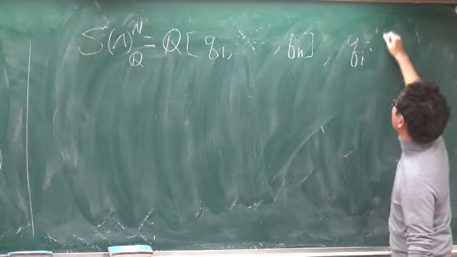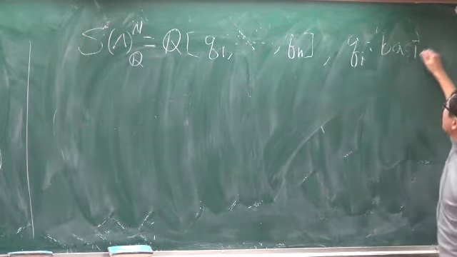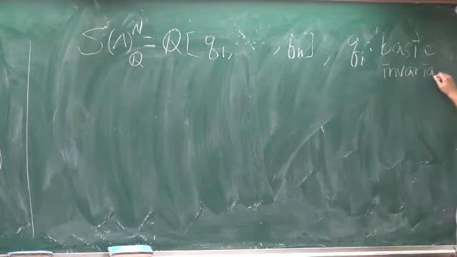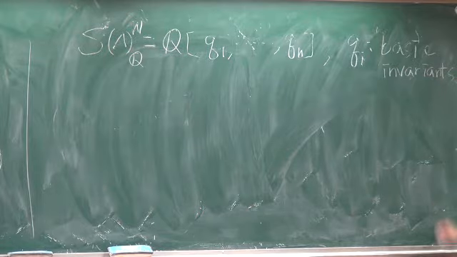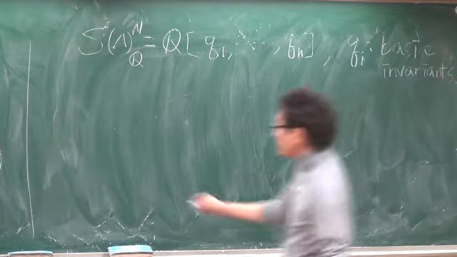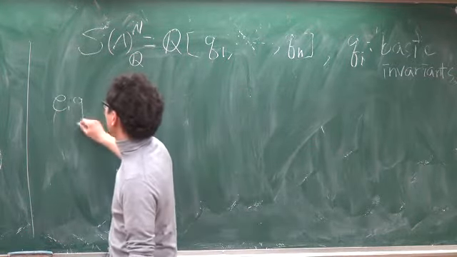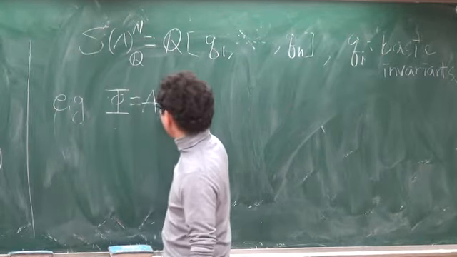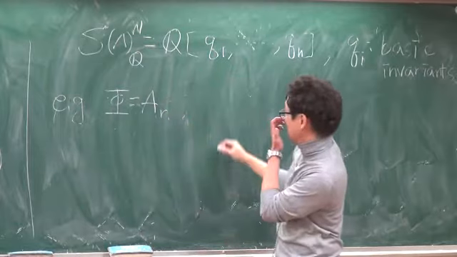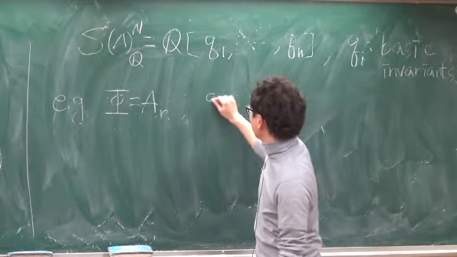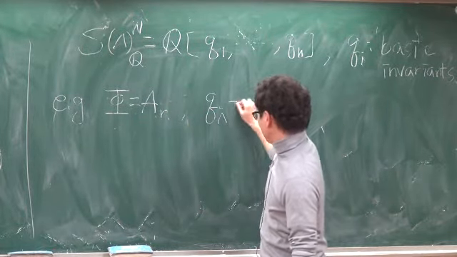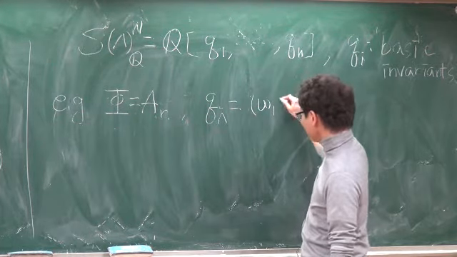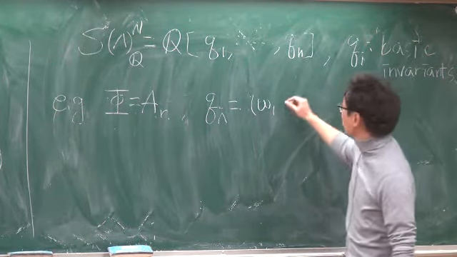Q i is a basic invariant. For example, if the root system is of type A n, then these basic invariants are just omega 1, the basis of the Weyl lattice.